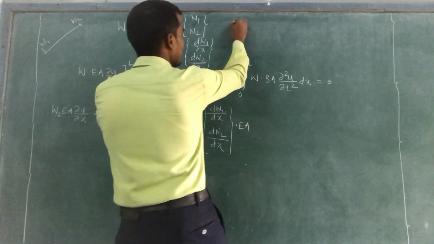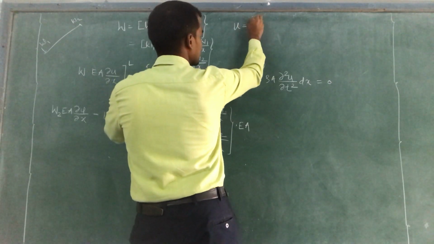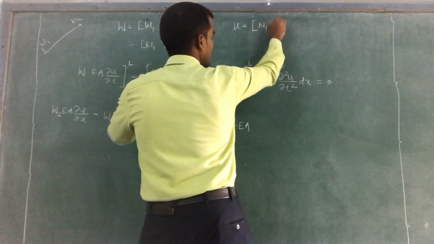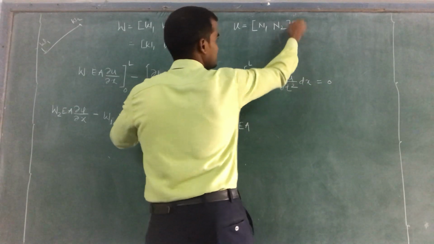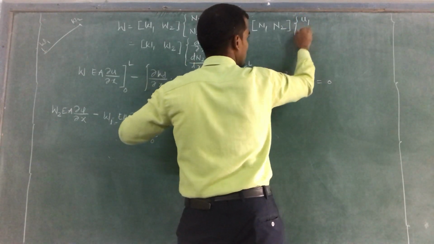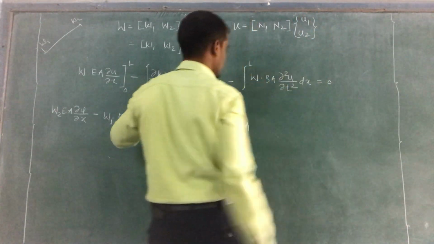Now we know that u is written as [N1 N2] times [u1 u2].